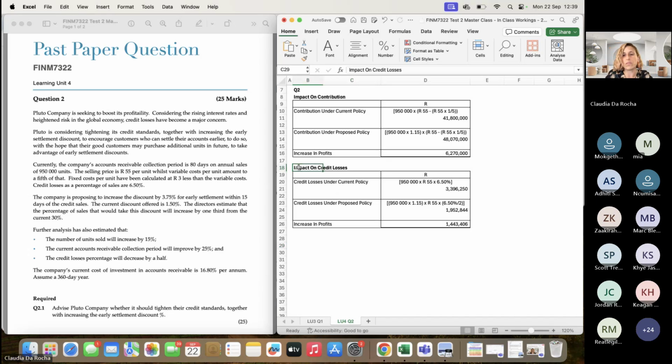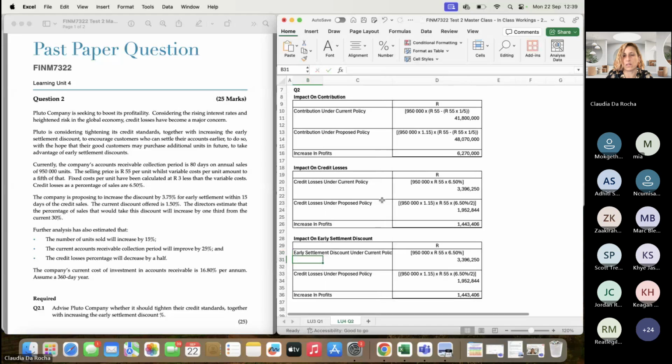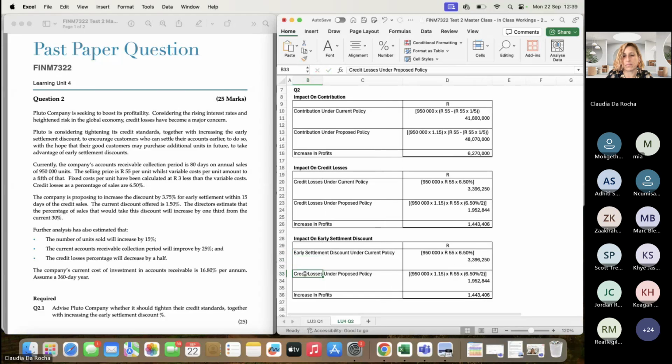So that's an extra thing that we have to calculate. Okay, so early settlement discount under proposed policy.